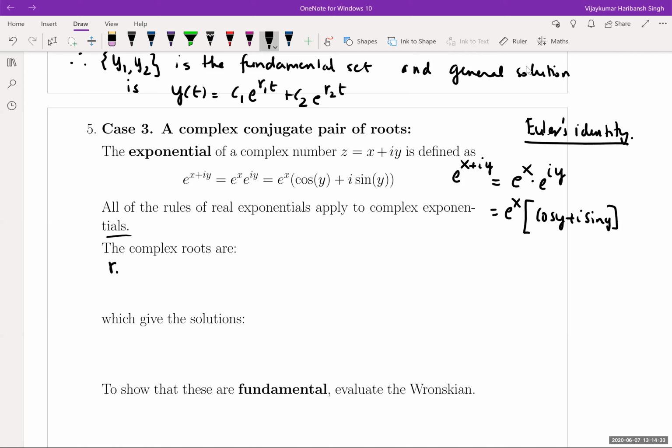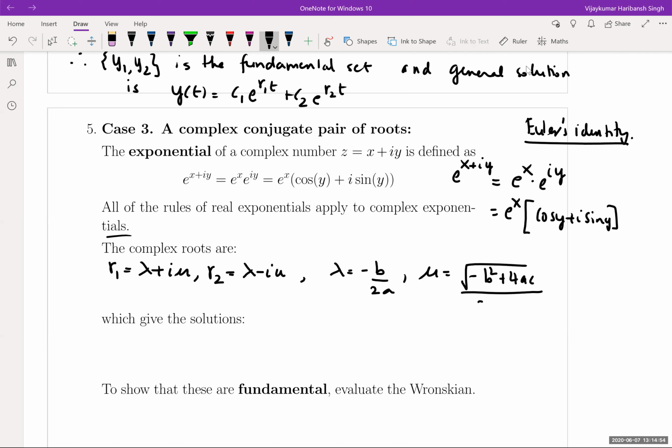So we have R1, as we saw earlier, is lambda plus i mu, and R2 equals lambda minus i mu, where lambda was minus b over 2a, and mu is the square root of minus b squared plus 4ac over 2a. Now you may see, oh, well, generally it's b squared minus 4ac, but recall you took the minus sign out to get i, right?